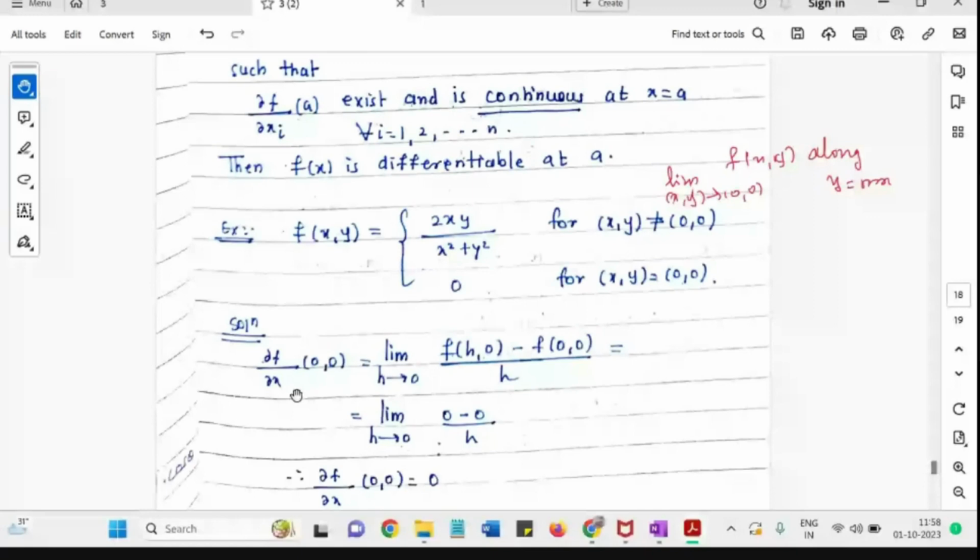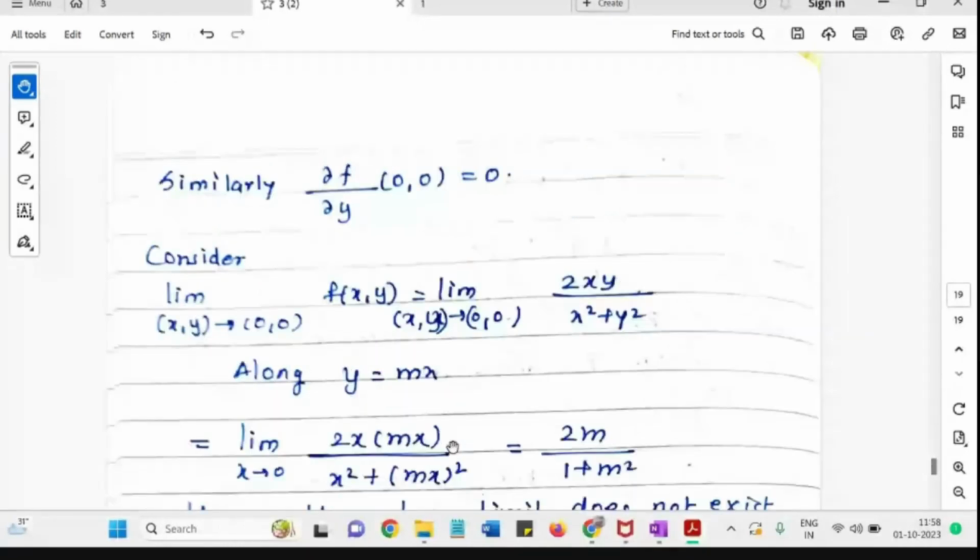It is the limit as h goes to 0 of f(h, 0) minus f(0, 0) divided by h. Put the values over here. f(h, 0) from here is 0, and f(0, 0) is 0. I can see that the derivative of f with respect to x at (0, 0) is 0. Similarly, you can calculate dou f by dou y by using the definition, and that turns out to be 0.